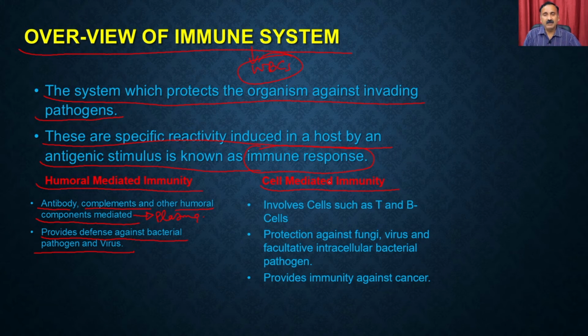Whereas cell mediated immune responses involve the cells which cause the response, such as the T cells or B cells. They provide protection against fungi, viruses and facultative intracellular bacterial pathogens. In some cases, the cell mediated immune response also provides immunity against cancers.